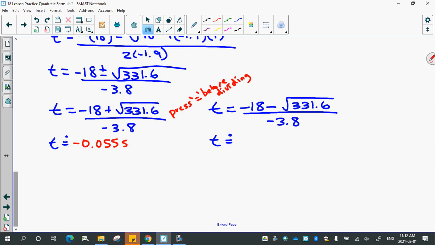Now this is what's considered inadmissible, because a negative time is not, for a word problem, a solution that makes sense. Okay? It's a solution, it makes the equation work, but it's inadmissible because we can't have negative time within the context of this problem. And then here, hopefully we get a positive answer.